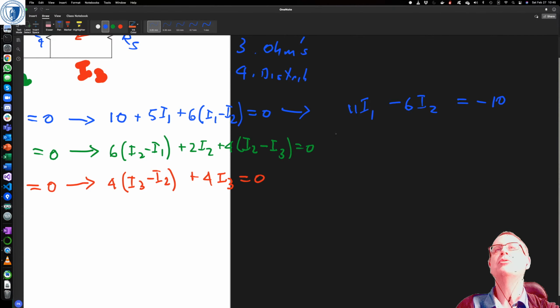Right, subtract 10 from both sides, and then we've got minus 6i1, and there's 6 and 2 and 4 i2, so that's plus 12i2, and there's minus 4i3, and there's no constant, so it's just 0.